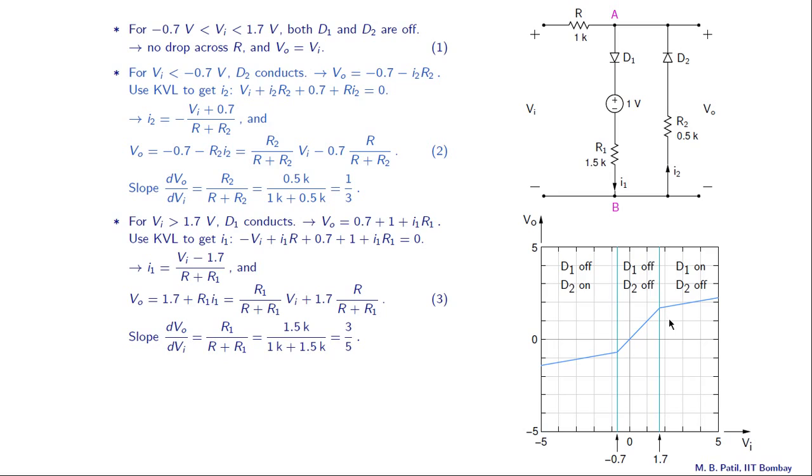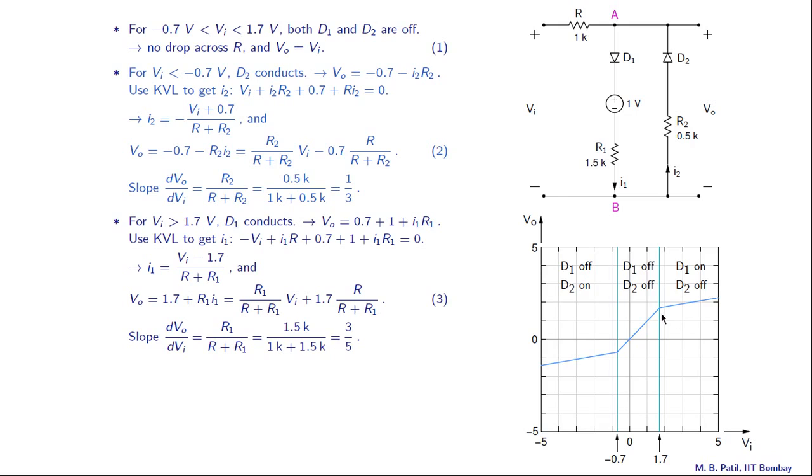Here is the VO versus Vi relationship for Vi greater than 1.7 volts, and it's a straight line with a slope equal to 3 by 5. And you can verify that there is continuity at Vi equal to 1.7 volts.